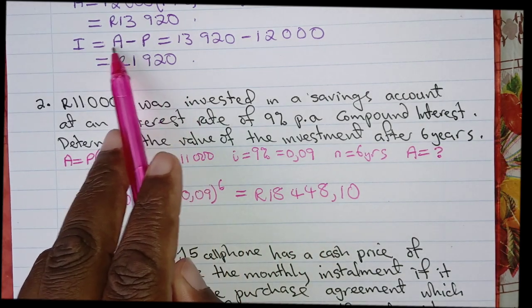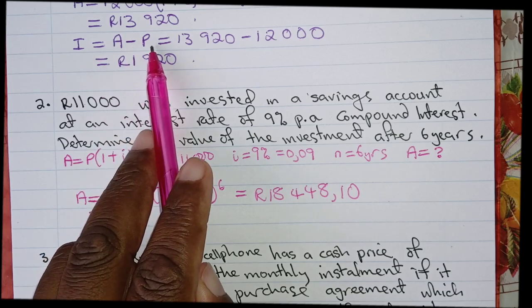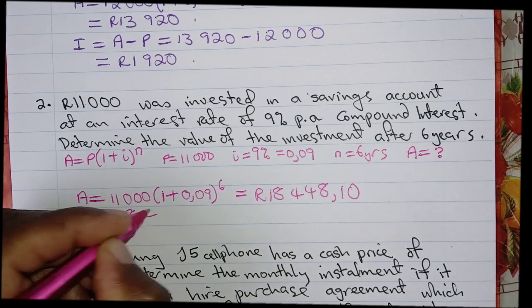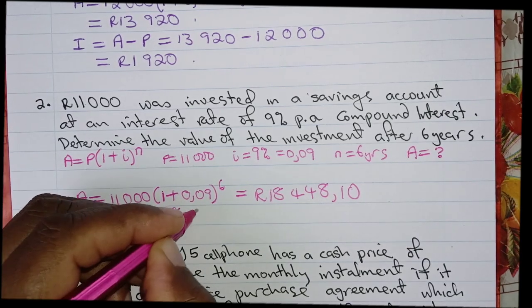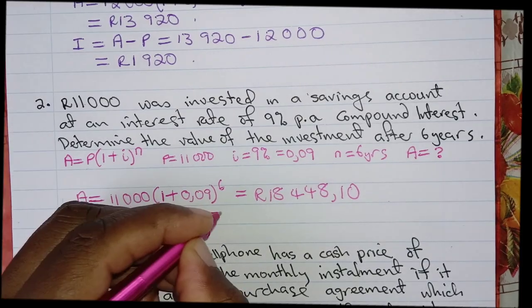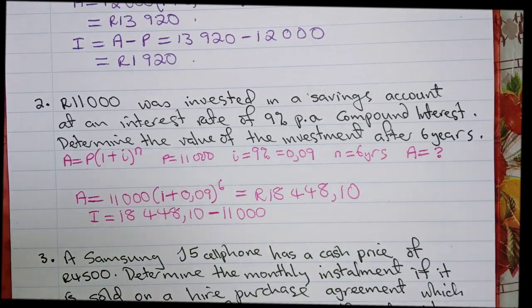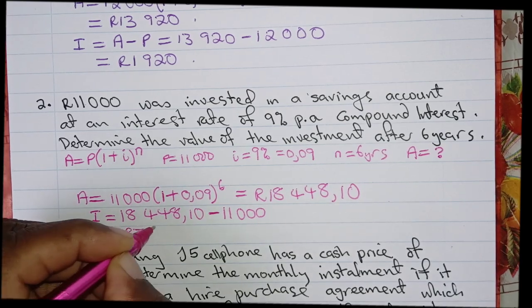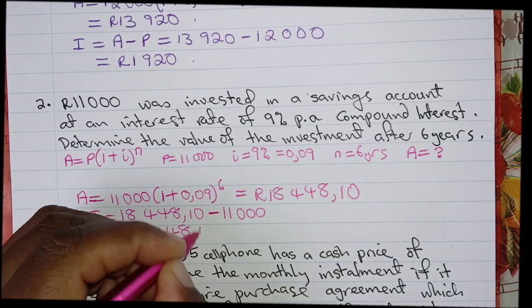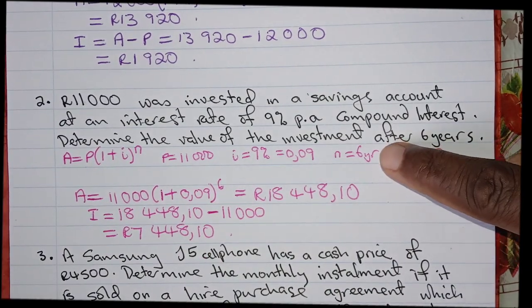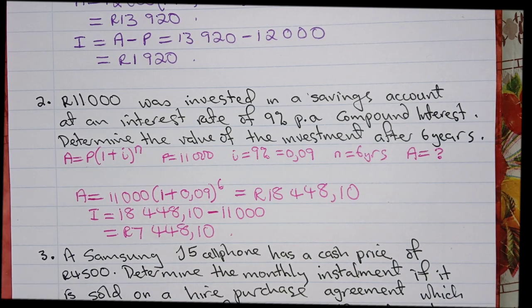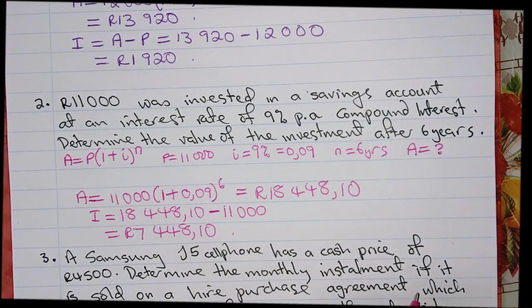Just like we did here, we say I is equal to A minus P. So your A is 18,448.10 minus the initial amount, that is 11,000, and this should give you an amount of 7,448.10. So in these 6 years, this investment has earned 7,448 rand 10 cents.